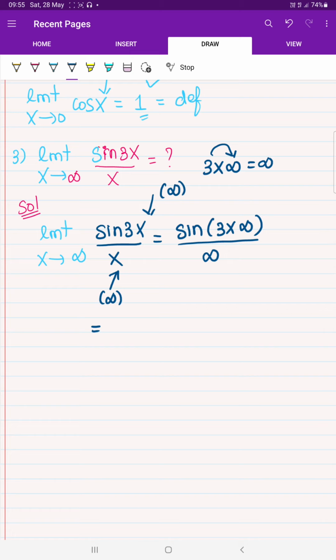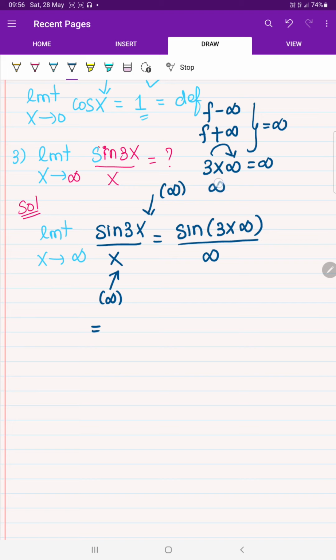So finite into infinity, finite plus infinity, or finite minus infinity, all of these always approach infinity. Whether it is addition, subtraction or multiplication, it doesn't matter. So finite into infinity will always be infinity only, sir.